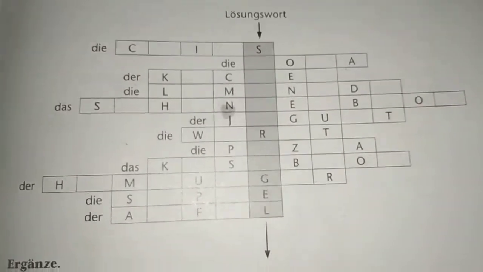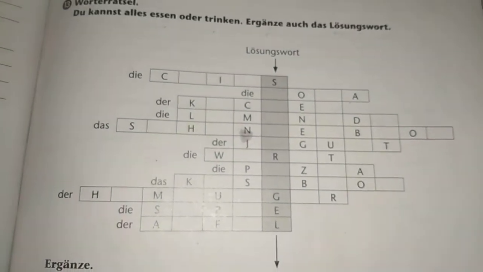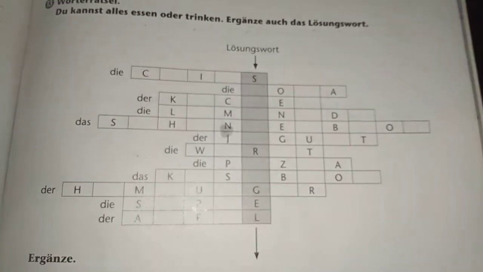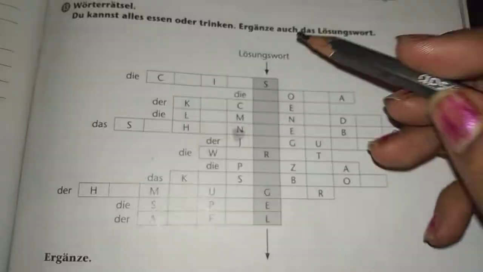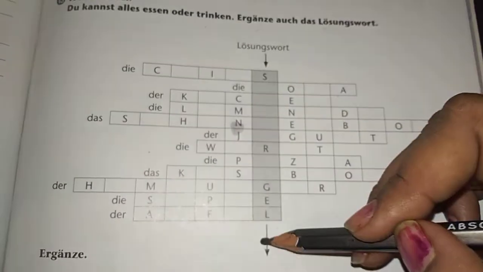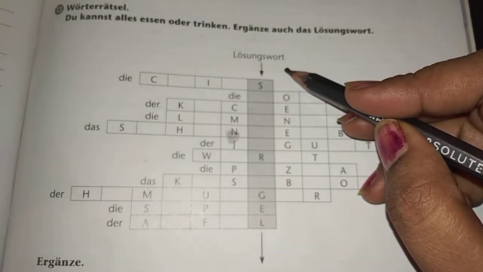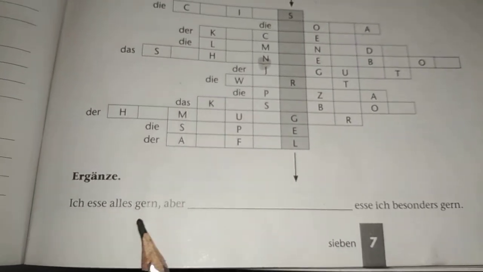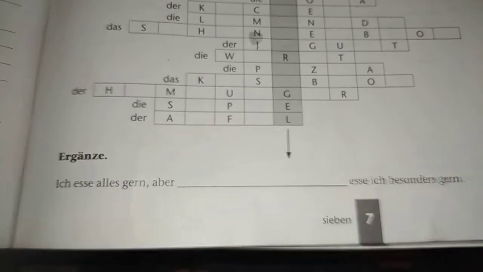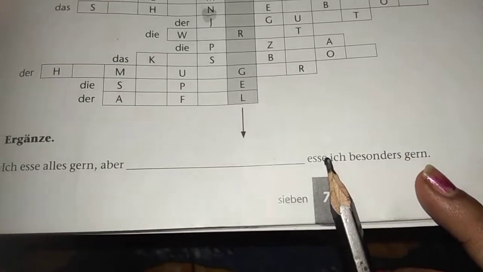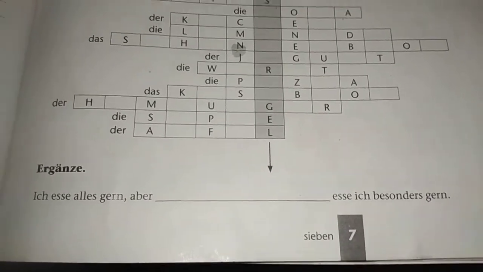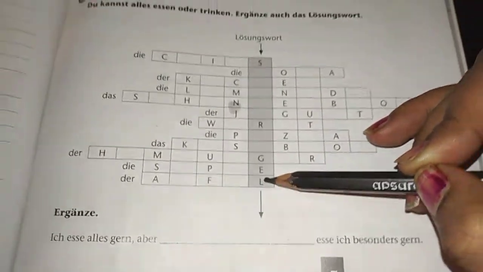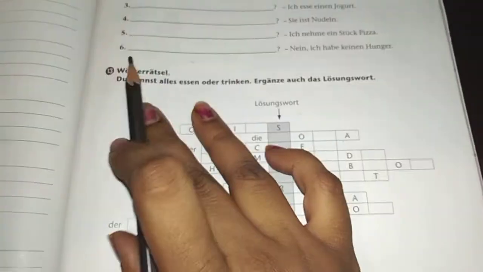Whatever words you have learned till now, it is from this vocabulary only. Whenever you fill up the complete puzzle, you will get the Lösungswort. That solution word you are supposed to write here. Ich esse alles gern. I like to eat everything but dash esse ich besonders gern. But what I like to eat the most is this thing. Okay.